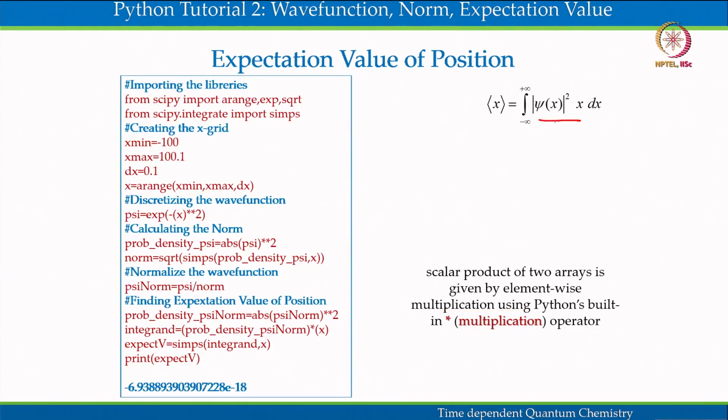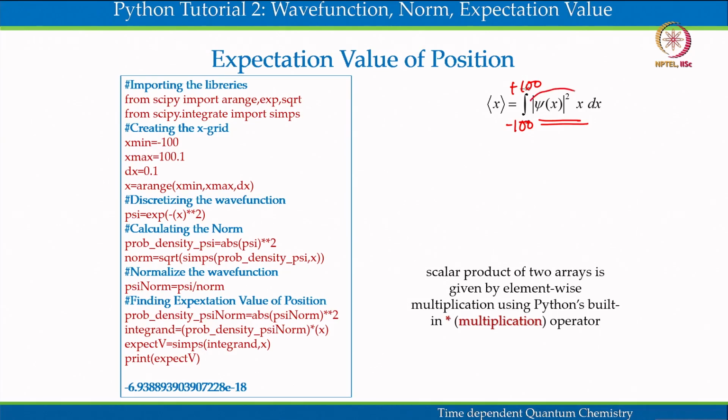This is the integration, and again, practically we cannot do this minus infinity to plus infinity integration. This is going to be done with the help of the Simpson rule, and for that it will just pick up the integration limit as the x grid limit. So this is going to be our integration.